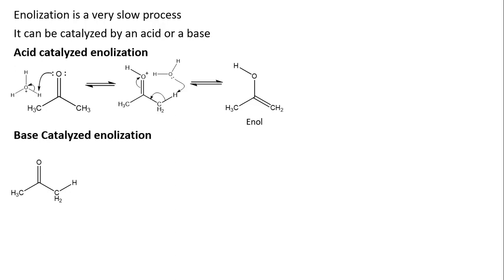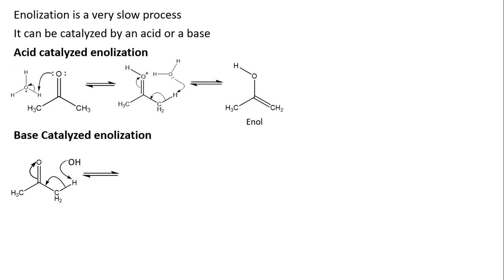The alpha hydrogen is acidic because this hydrogen is capable of being lost in the form of a hydrogen positive ion, and which will be abstracted by the hydroxide ion, and the carbon-hydrogen bond will be shifted between the carbon-carbon single bond to become a carbon-carbon double bond, and one of them is the alpha carbon and the other is the carbonyl carbon, and the carbon-oxygen double bond will be shifted to the oxygen.